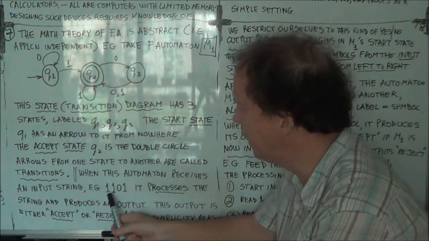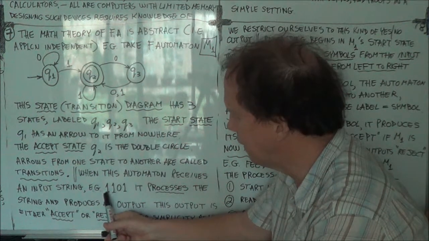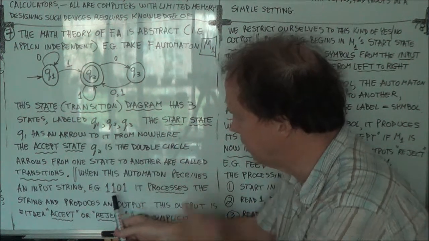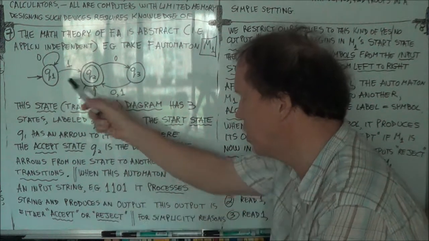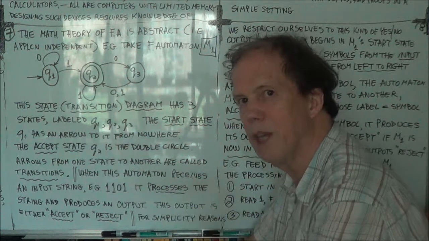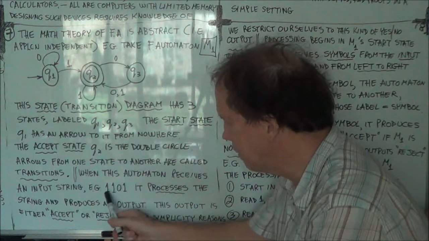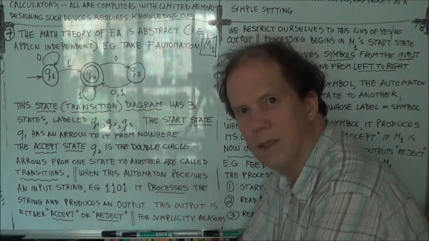Okay, so this would be like a signal going in. The first signal goes in, and this machine, the automaton, is looking at this sequence of signals coming in, one by one. First this one, then this one, then this one, from left to right, let's say.